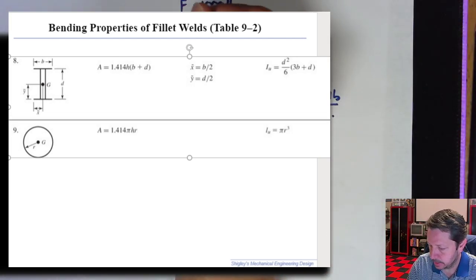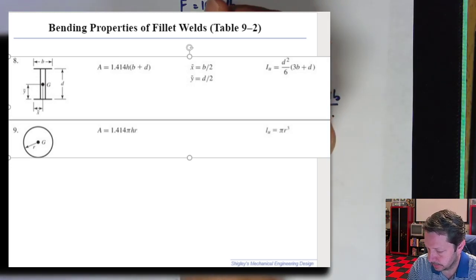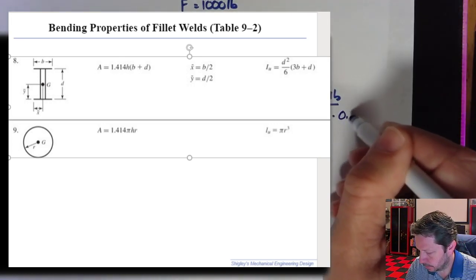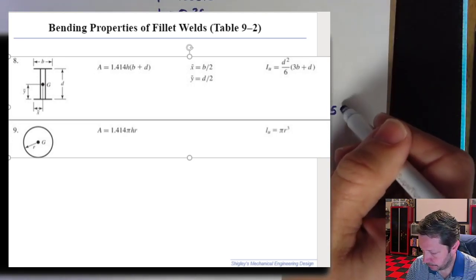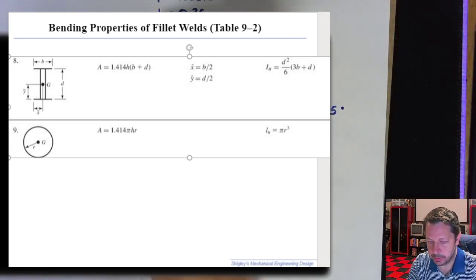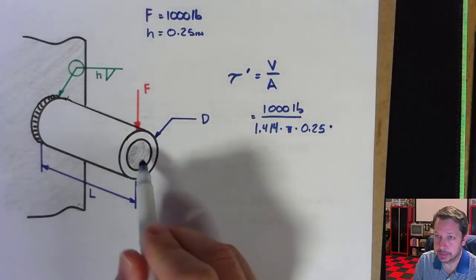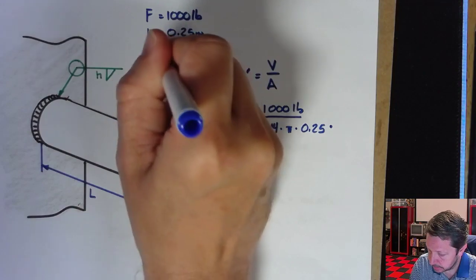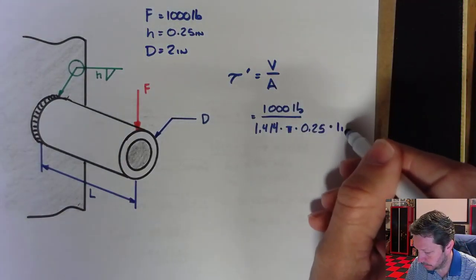Let's do a 1/4 inch again, so 0.25. And R we don't know, but we know the diameter D is 2 inches, so that makes R 1 inch.